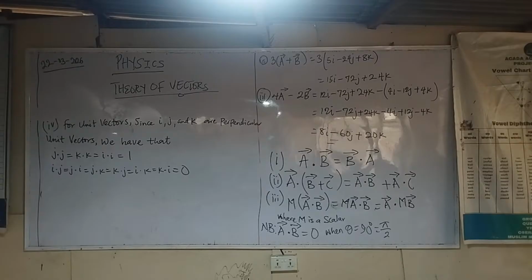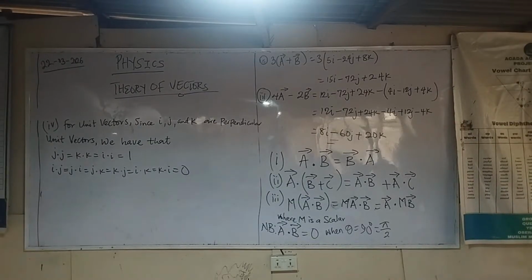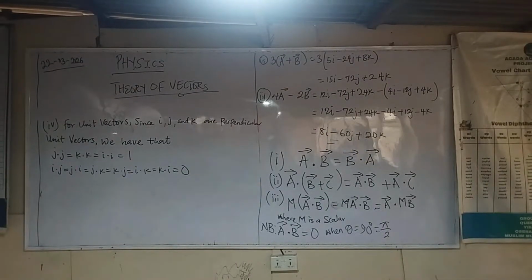And when you say perpendicular, what's the angle there? 90 degrees. And what did I give you in the previous law? When theta is 90 degrees, or pi over 2.